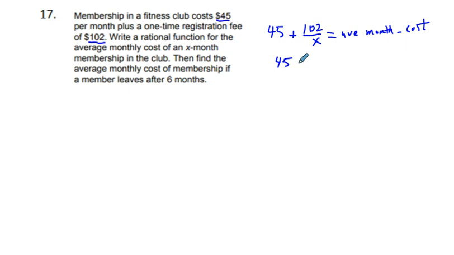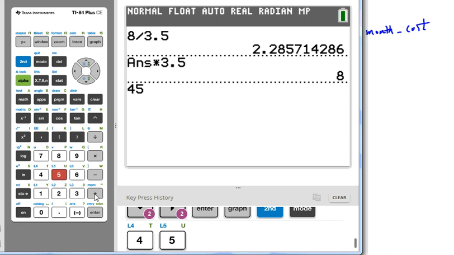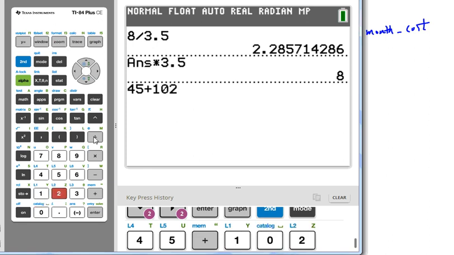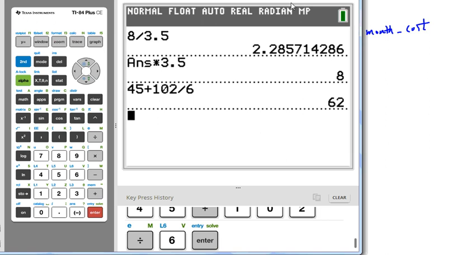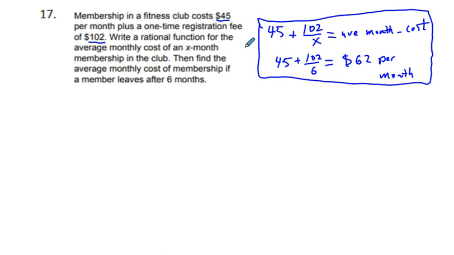Average cost 45 plus 102 over 6. $45 plus 102 over 6, $62 per month. So these will be our figure out here. Okay, next.